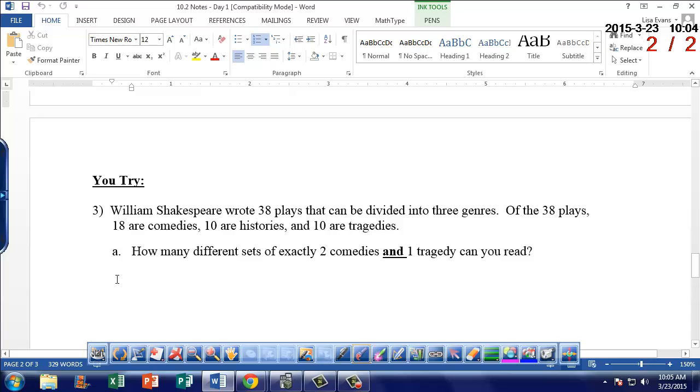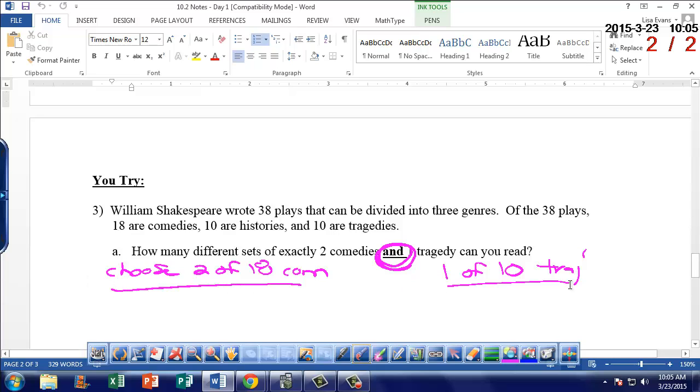Okay, so here's what you're doing. You're choosing 2 of 18 comedies and 1 of 10 tragedies. You cannot walk in here without an equation. Put this into an equation. I just gave you the equation.